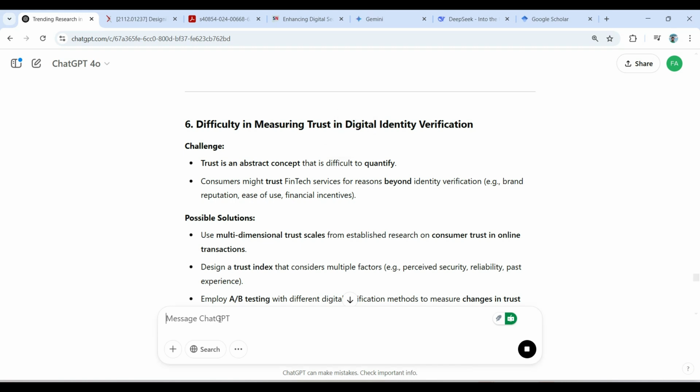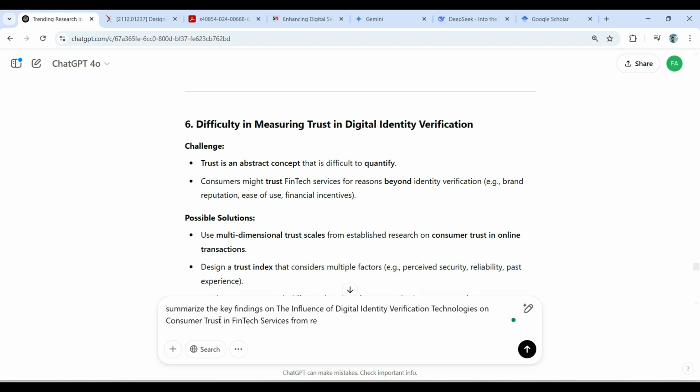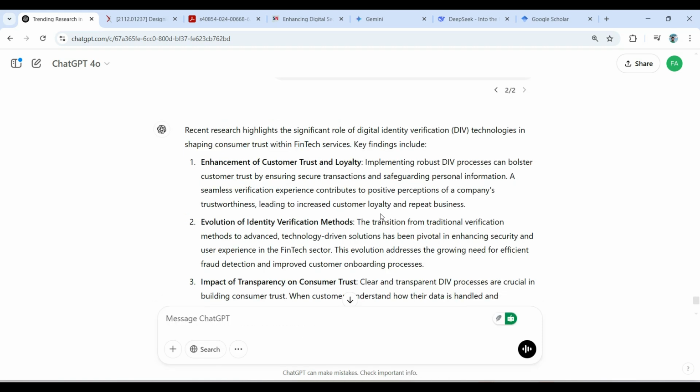We can also ask ChatGPT to summarize the key findings on this topic from recent research and provide citations in APA style, so that we can have a kind of mini literature review related to this topic. So here is a mini literature review related to the topic.